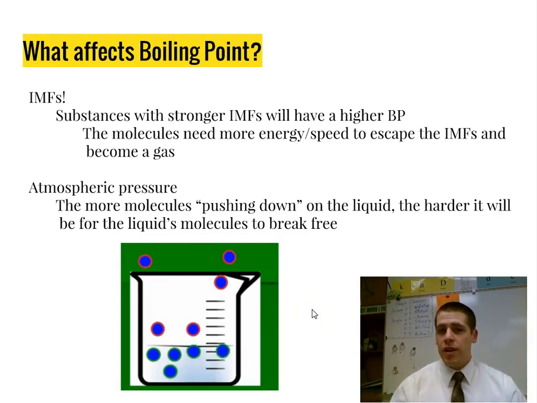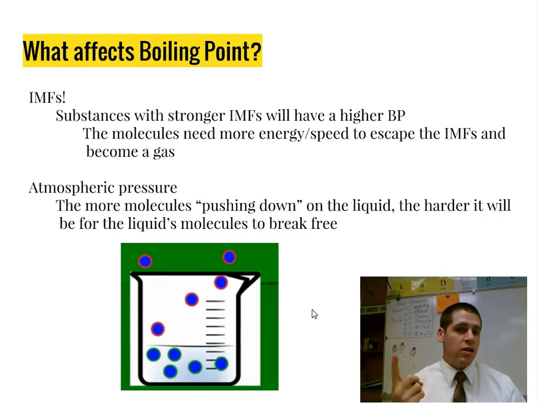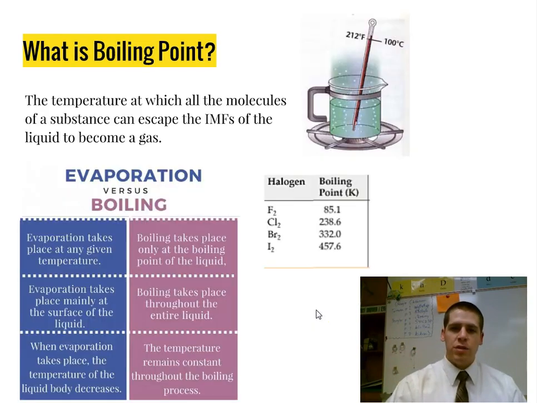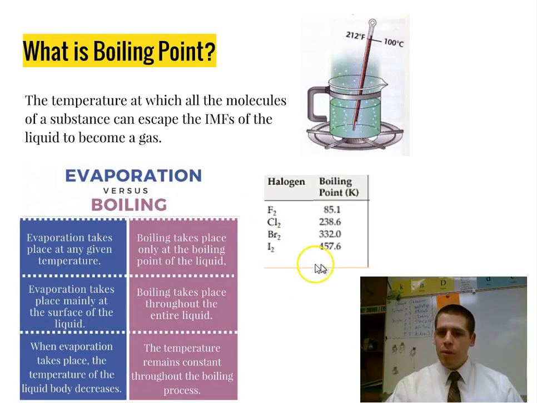And those are really the two things that you need to know about boiling point: the stronger the IMFs, the higher the boiling point, and the higher the pressure, the higher the boiling point, okay? And remember, let's go back to this previous slide. The boiling point is confusing because it's just a number, a temperature, but it tells us how hot we have to get it before those molecules will completely separate. So if you look at this table here, I forgot to mention this.